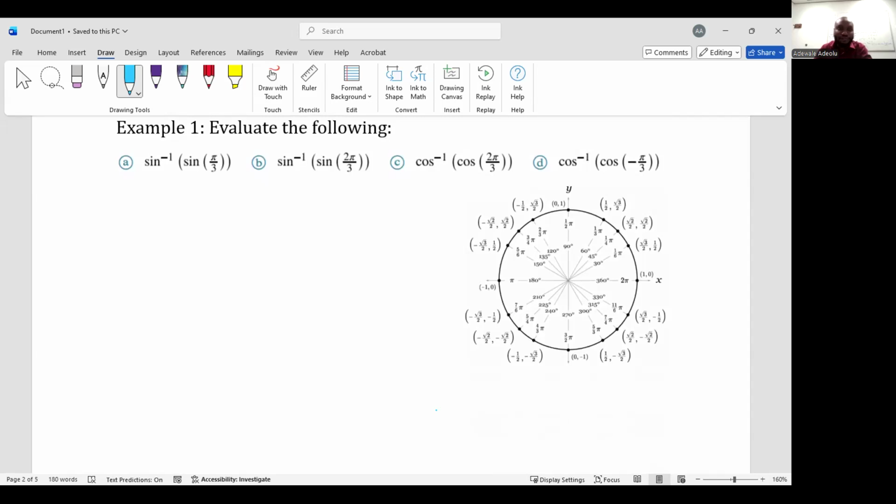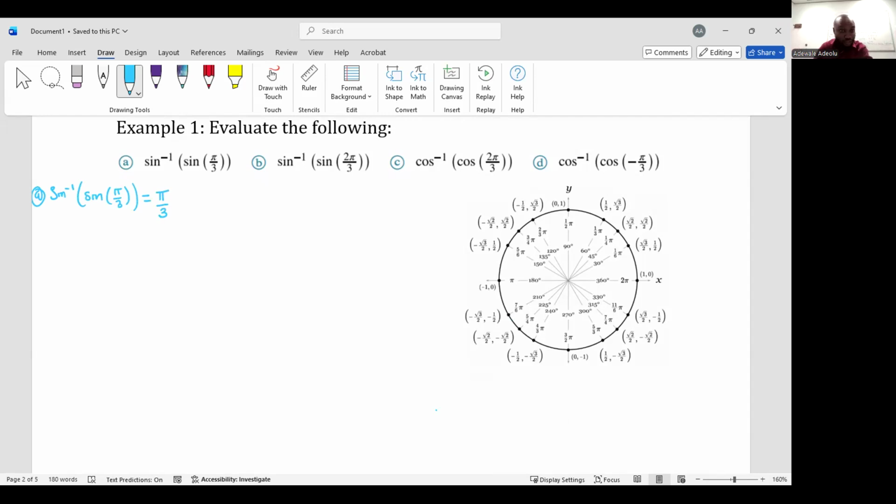Example 1. Evaluate the following. Sine inverse of sine of pi/3. Let us see if we can apply our rule here. I can make this claim that this answer is pi/3 without much work.